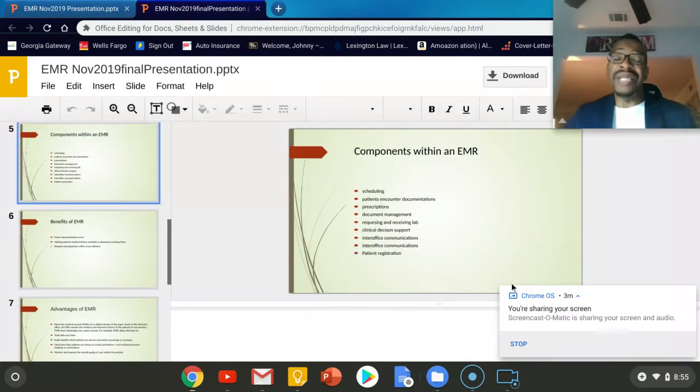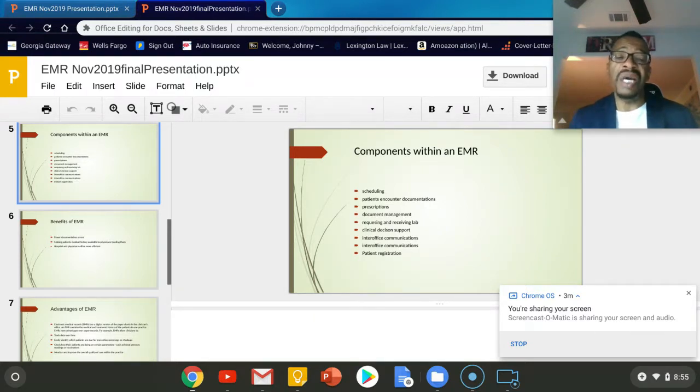I'm going to go to slide 5 and talk a little bit about the components within the electronic medical record. You have the patient scheduling system, their chart or schedule, calendar, when the appointments are. You have patient encounters, everything that the patient encounter or comes into the hospital for, for each diagnosis. Every patient encounter is also documented in that piece of the electronic medical record.